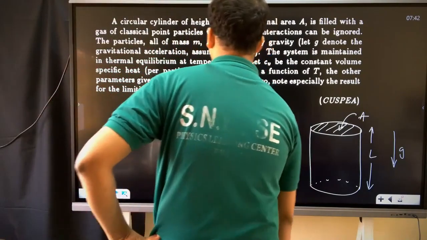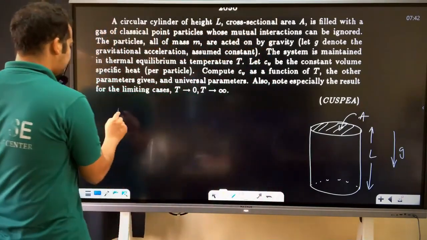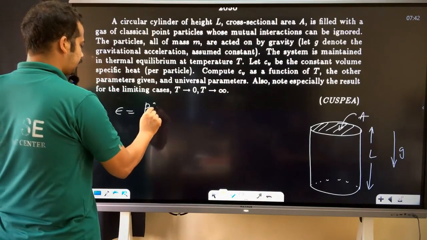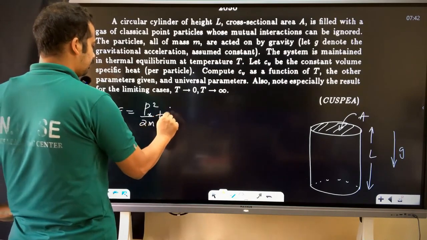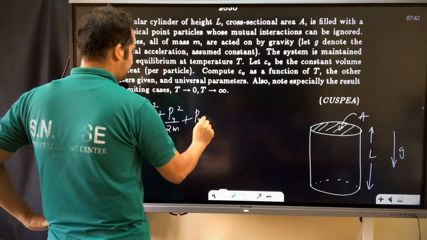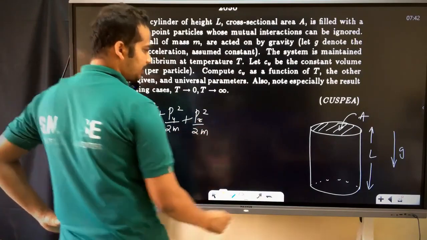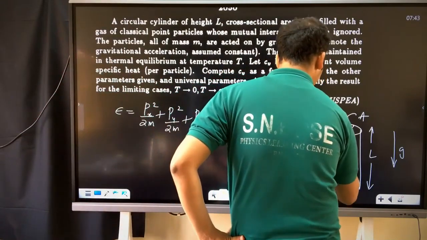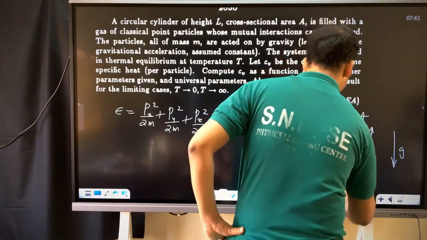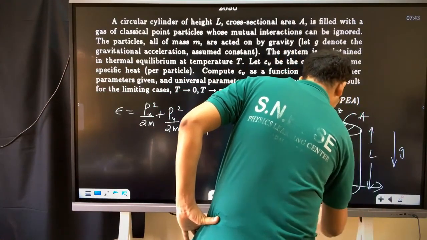Now, how do you write the energy of a single particle? Px square by 2m plus Py square by 2m plus Pz square by 2m, plus only one more term, that is gravity. I will take this as the z axis, x here, y here.